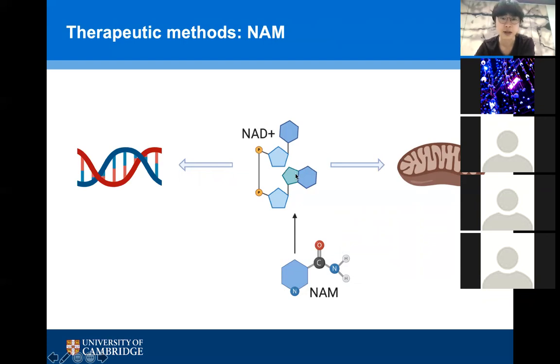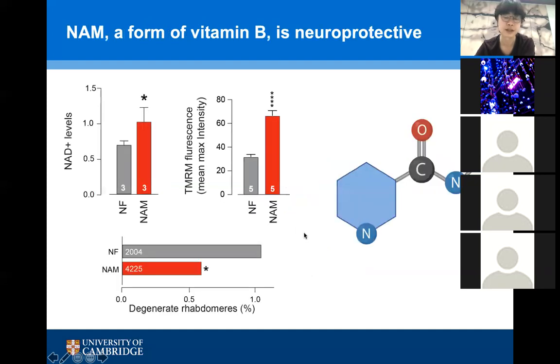So by giving precursors of NAD, I was hoping to increase NAD levels just by introducing a pharmacological supplement to the food of these flies. So the supplement that I looked at is called nicotinamide, which is a precursor of NAD in flies and in humans.